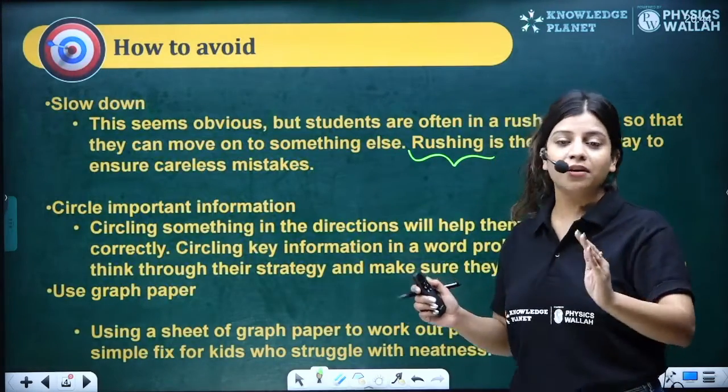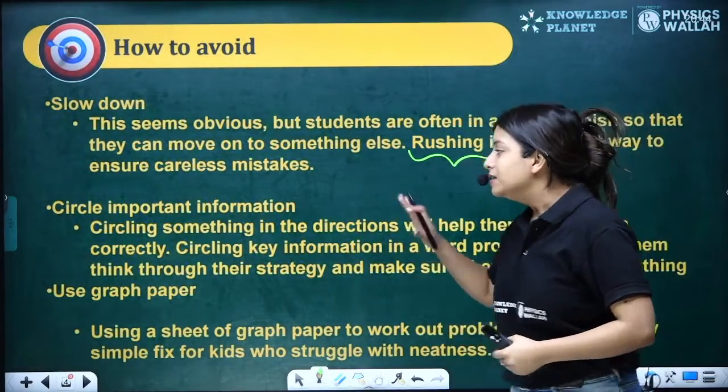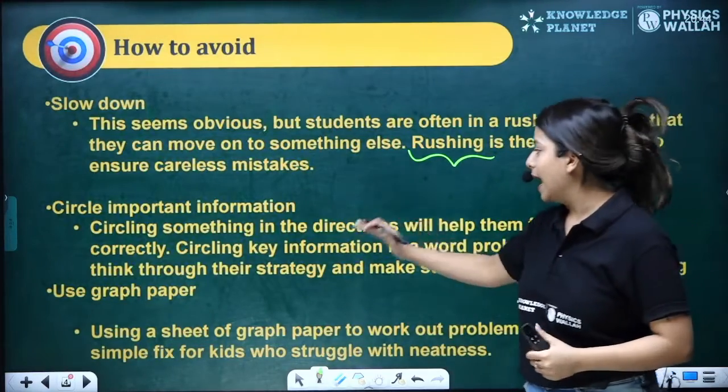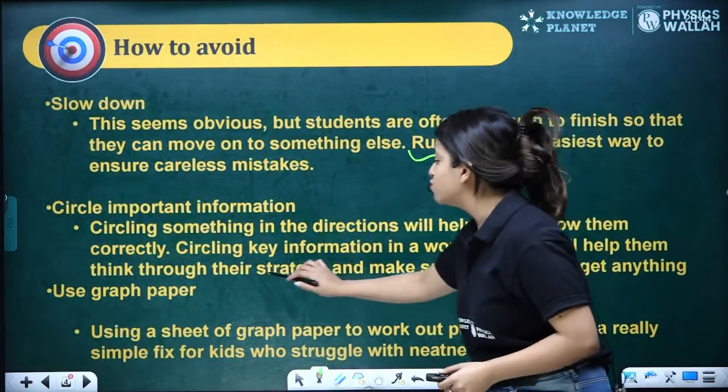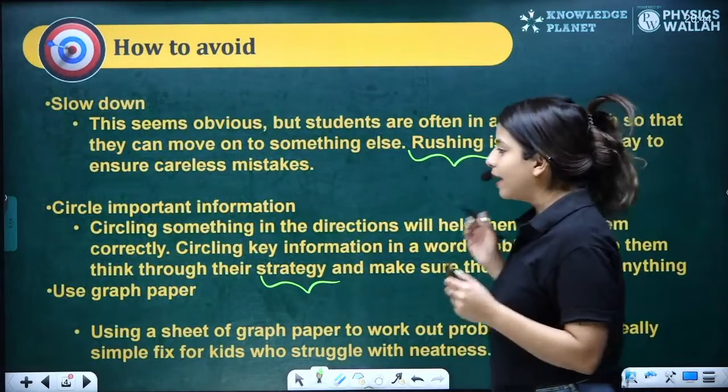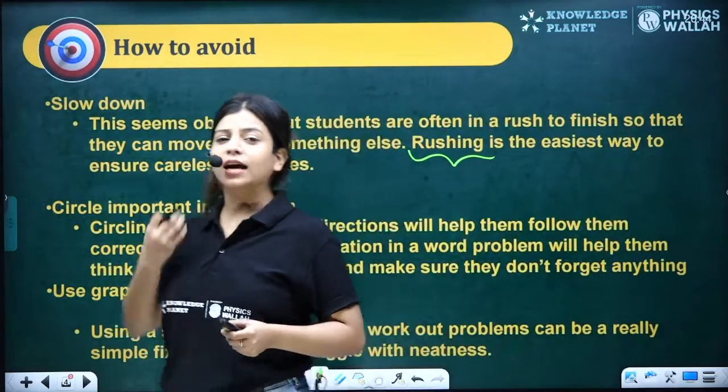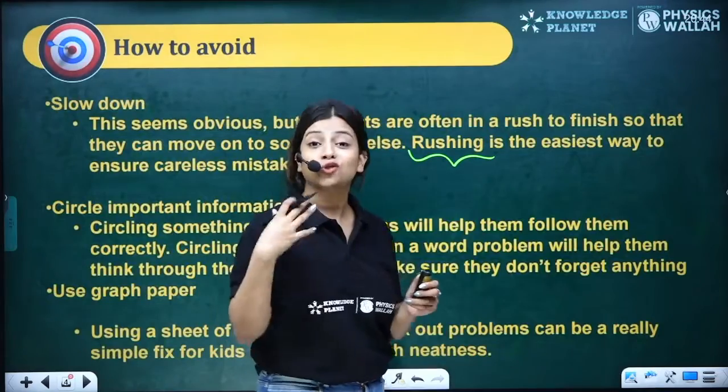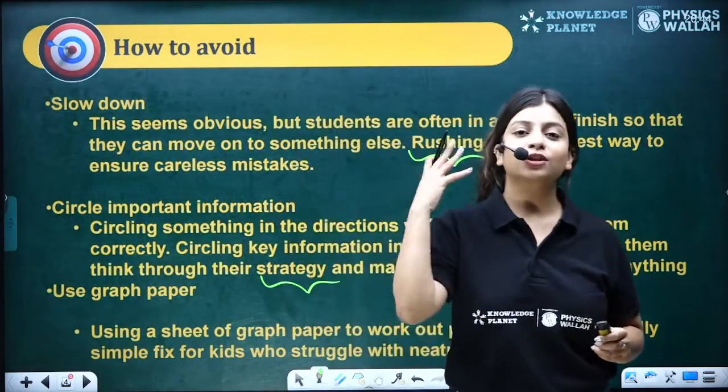So read the directions carefully. Try circling the important points, make a strategy out of it, and try to use more flowcharts, graph paper and images to keep the questions in your brain for a longer period of time.